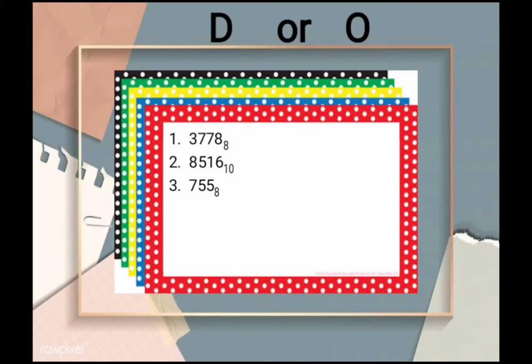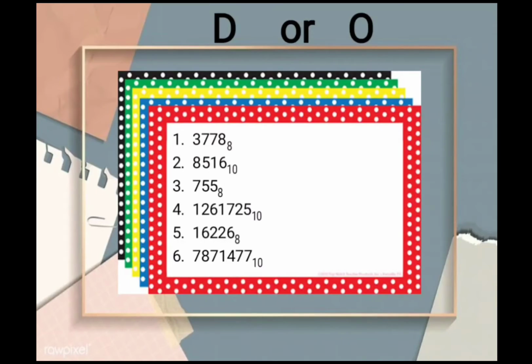Very good. That belongs to octal. Number four. Very good. That belongs to decimal. How about number five? Octal. Very good. How about the last number? Very good. Decimal. Very good, class.